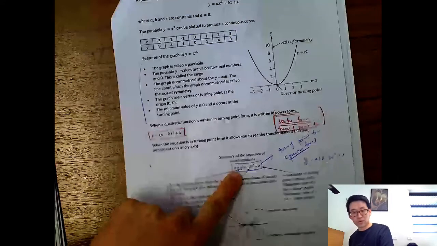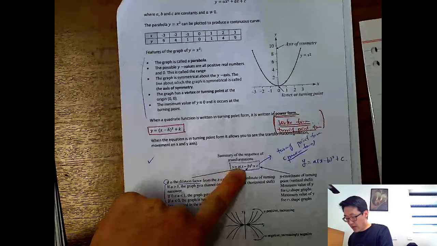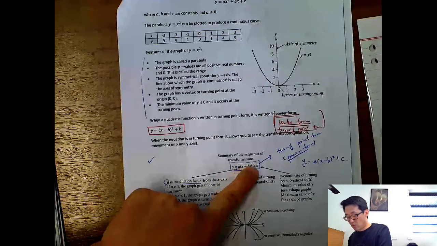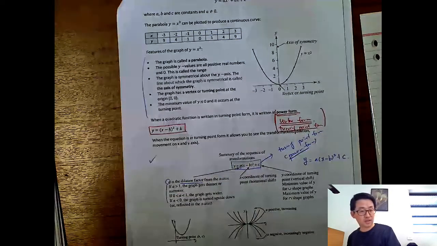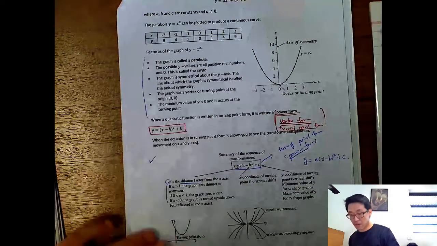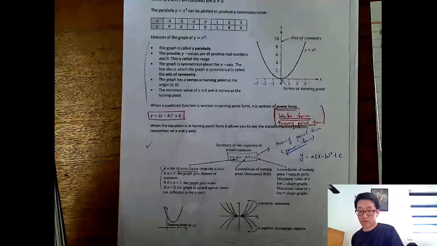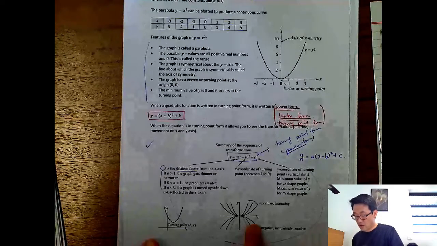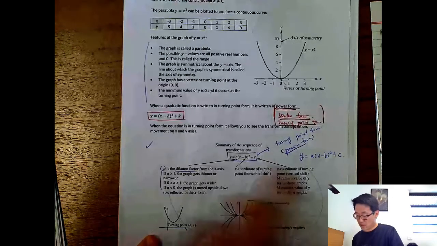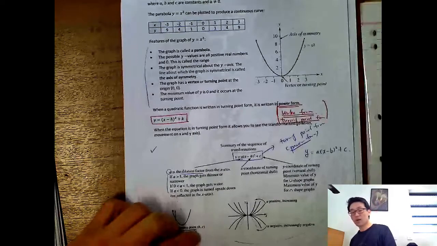In this case, they use y equals a(x minus b) squared plus c, just different letters. But that's the summary. I actually already explained the whole thing, but can we go through this? Yeah, that's the summary, and I used actual numbers.